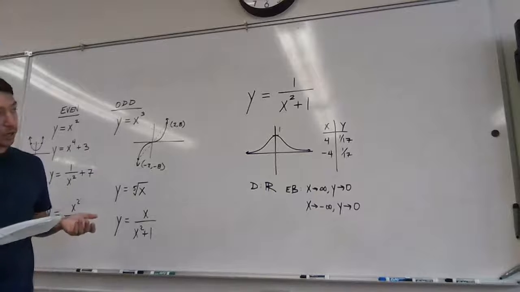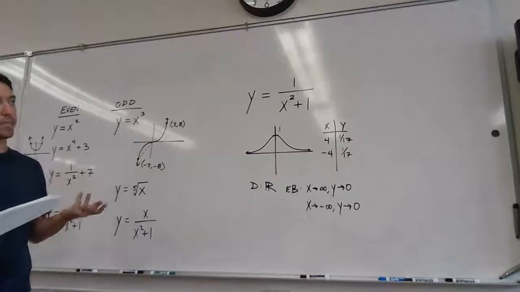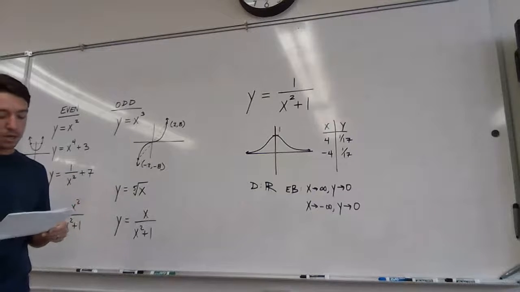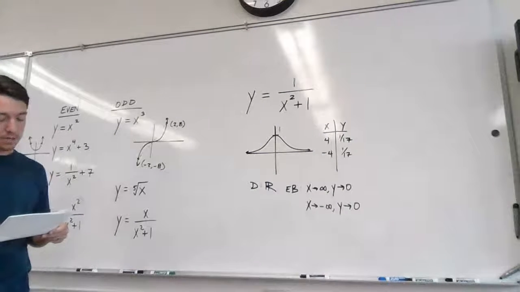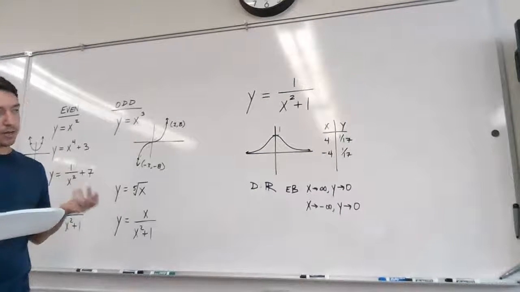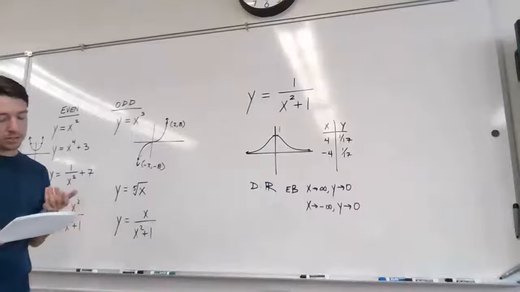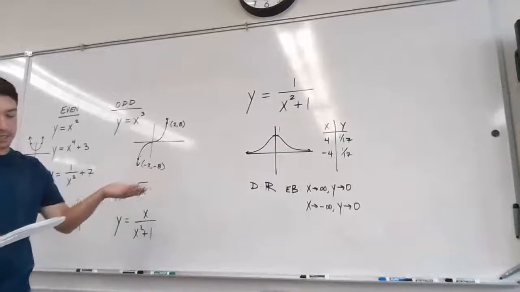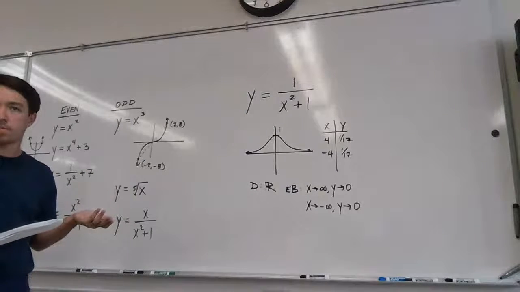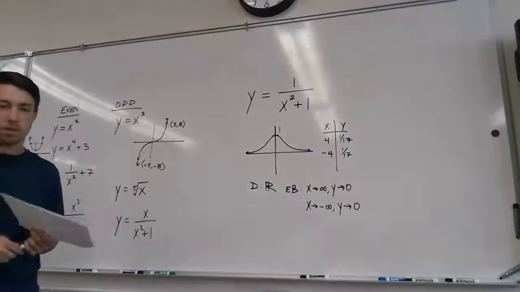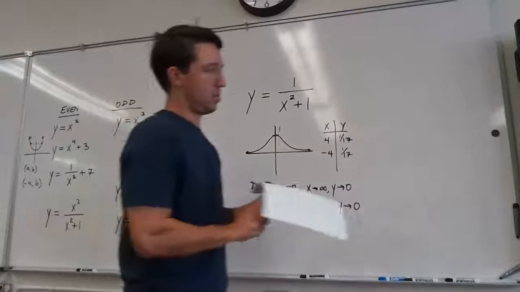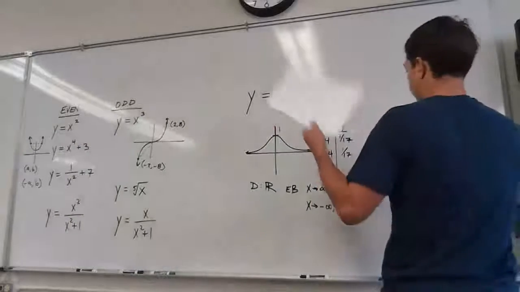So these are pretty much all going to be fairly straightforward, hopefully. Maybe let's do C as our last one we cover together. C is pretty much the same function, except there's an x on top as well. Ask yourself right now, picture it in your head.